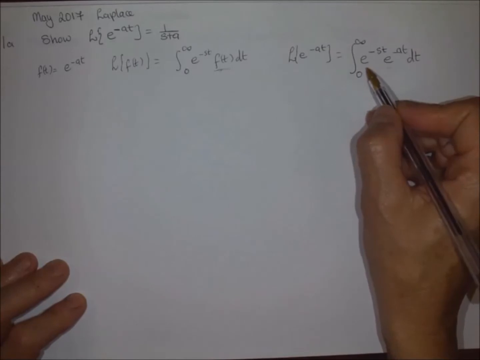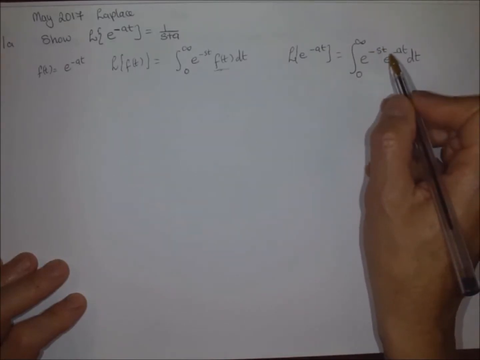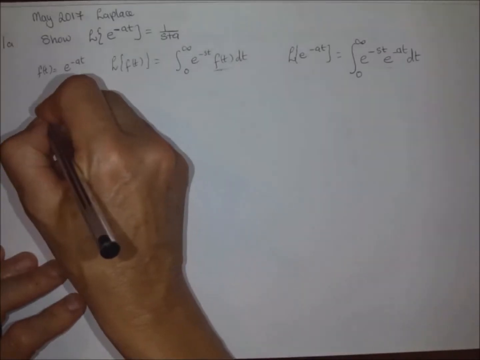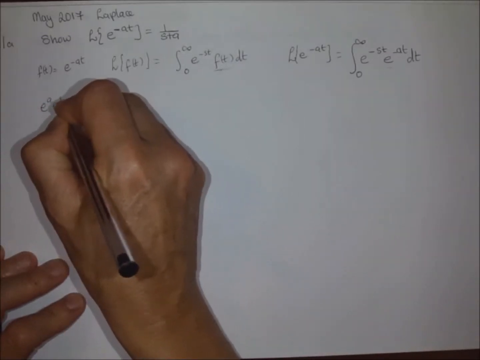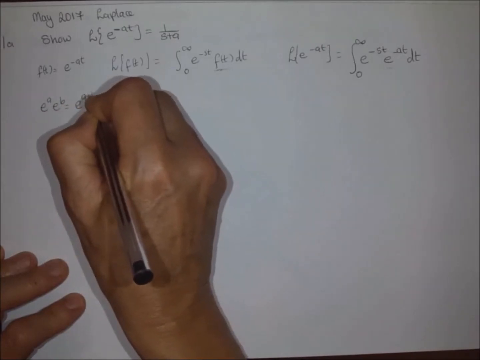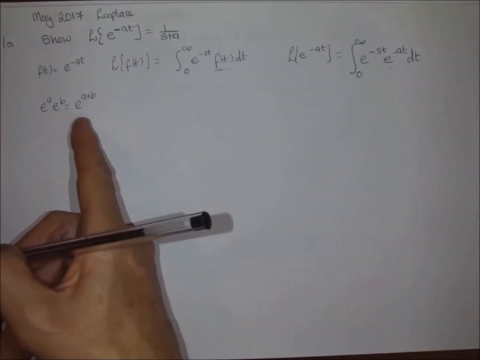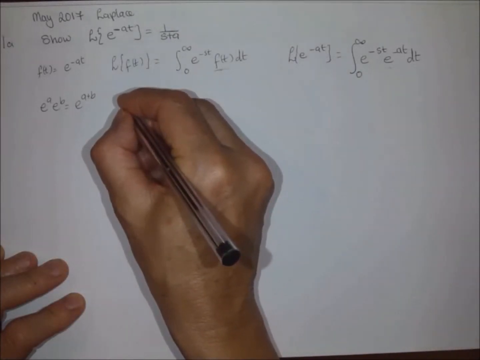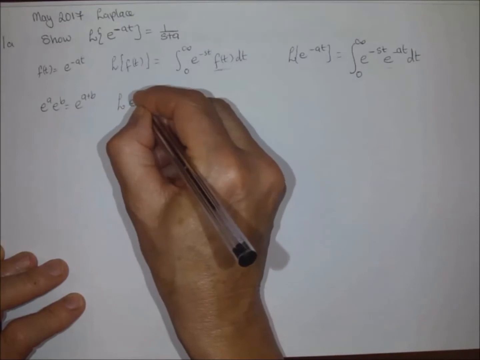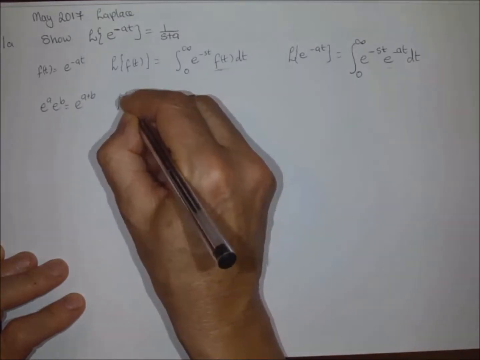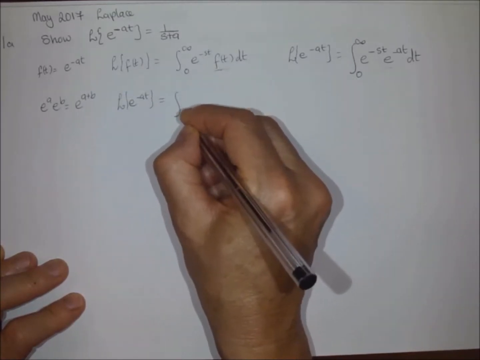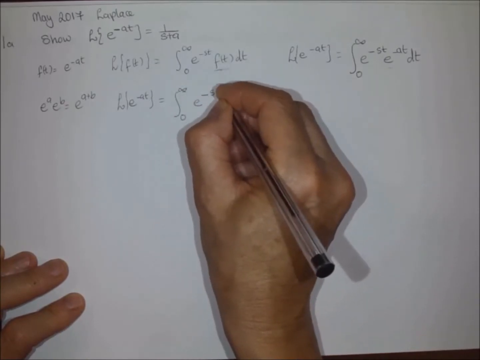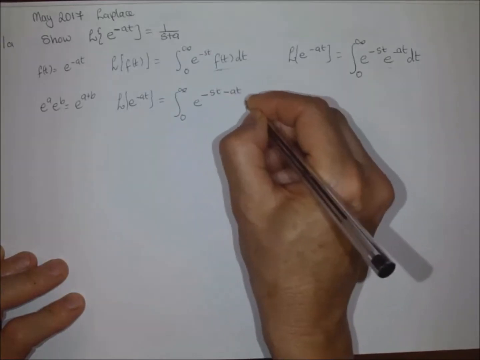To do an integration, sometimes you just have to rearrange this so it looks like something that's easy to integrate. If we use the exponentials rule that e to the a times e to the b is equal to e to the a plus b, this little rule will help us. So the Laplace transform of e to the minus at can now become the integration between 0 and infinity of e to the minus st minus at dt.